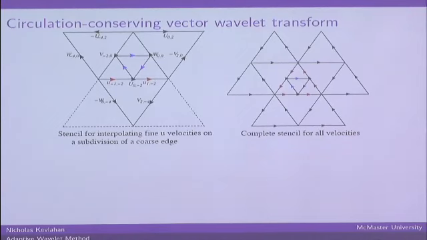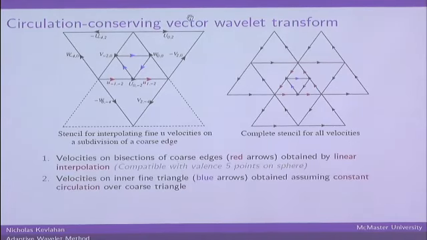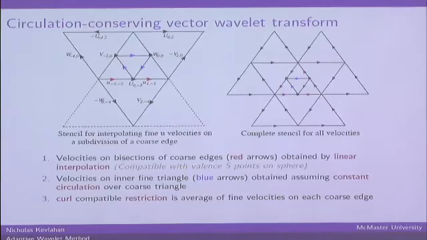Similarly, with velocity, you get a stencil that looks like this. You're assuming constant circulation, linear interpolation and constant circulation, and you've got a natural curl-compatible restriction, which is just the average of the fine velocities over the coarse edges.